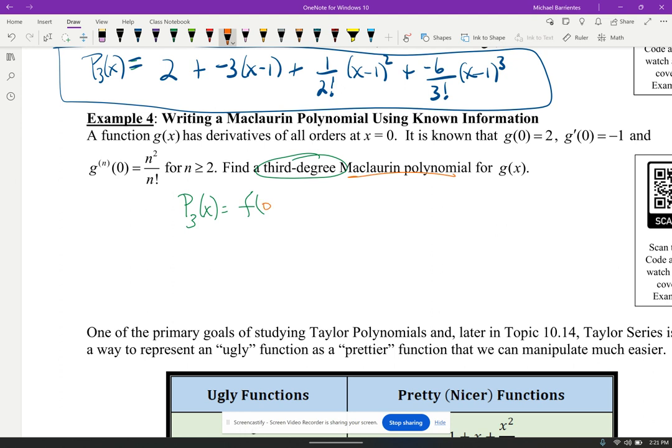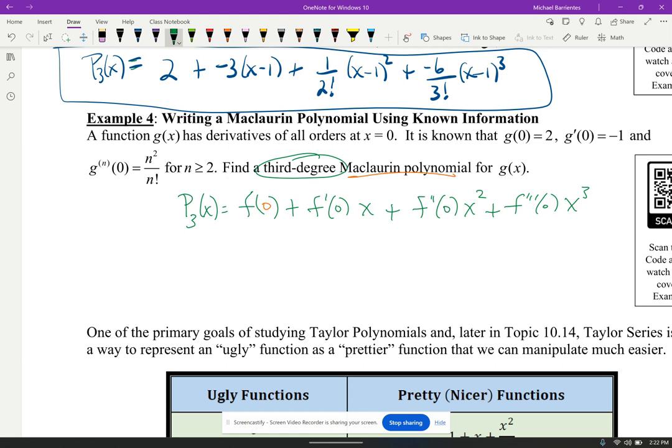That means we're centering at 0, plus f prime at 0 times x minus 0 plus f double prime of 0 times x to the 2nd power plus f triple prime of 0 times x to the 3rd power. And I should stop there. Don't write any more because it was specifically asking me for the 3rd degree.